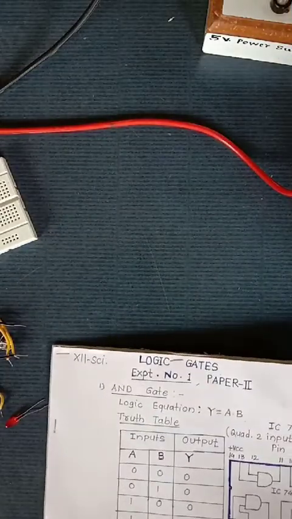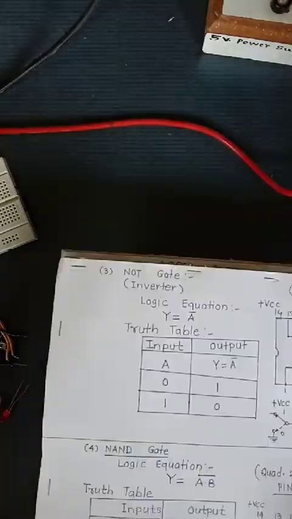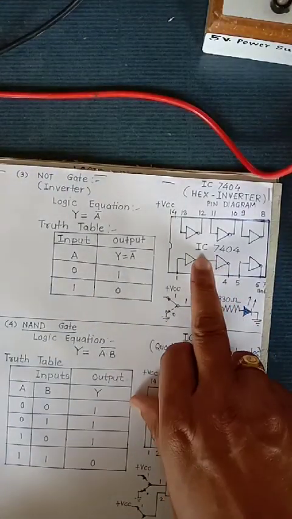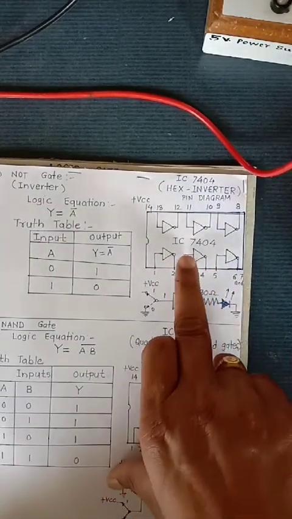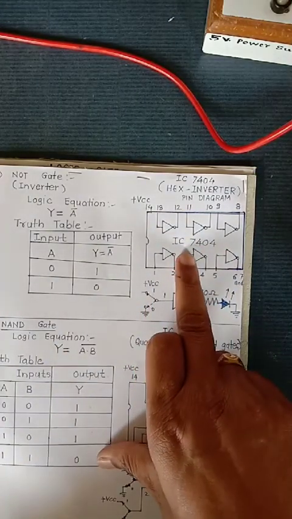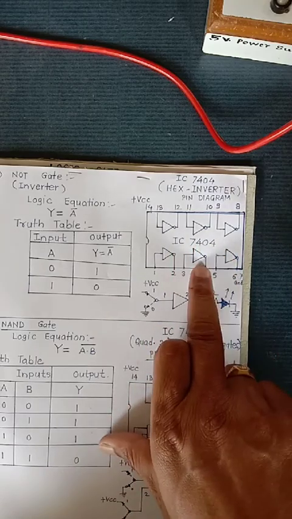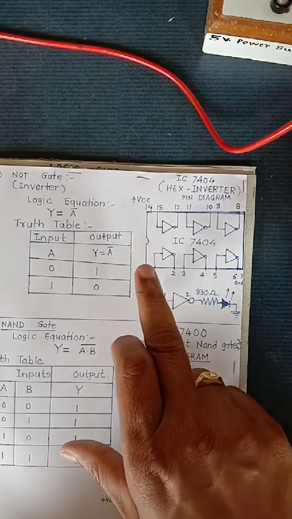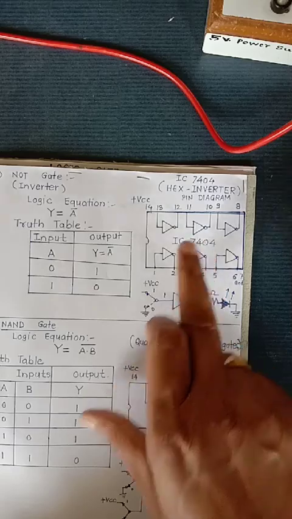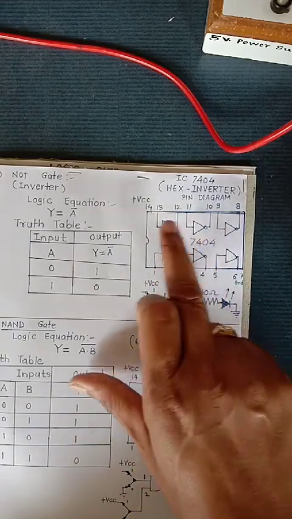See the pin connections of IC 7404. This IC 7404 is called a Hex inverter. Hex means 6. So this IC 7404 consists of 6 NOT gates: 1, 2, 3, 4, 5, 6.